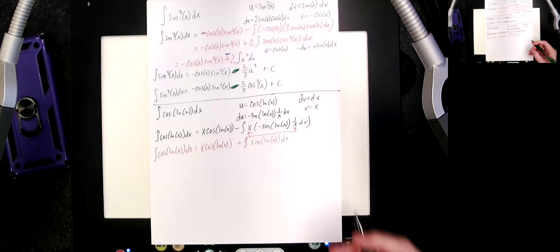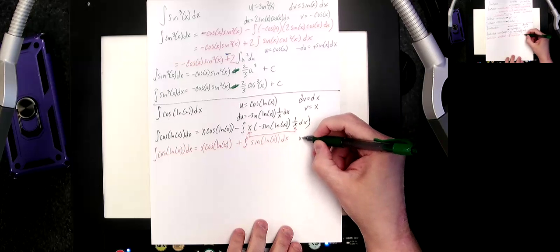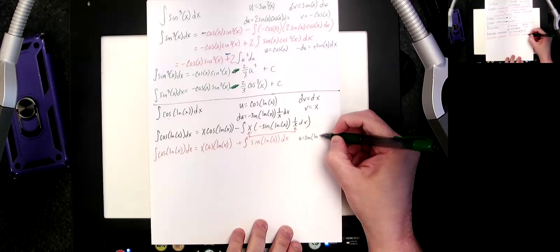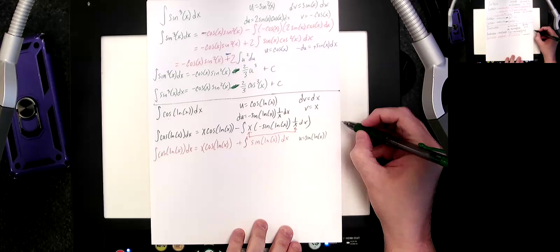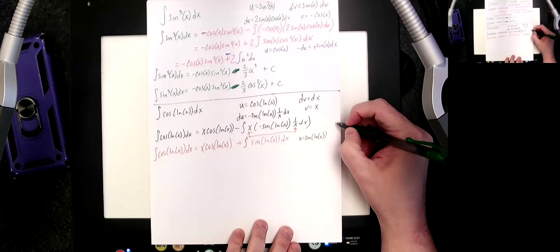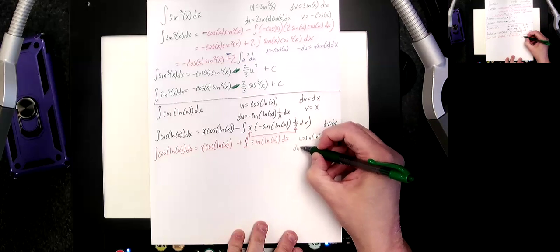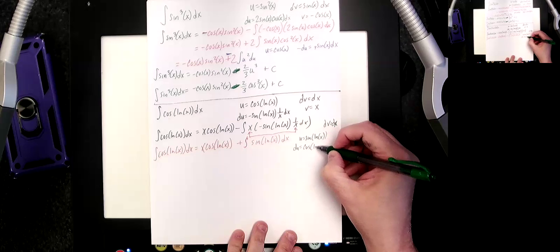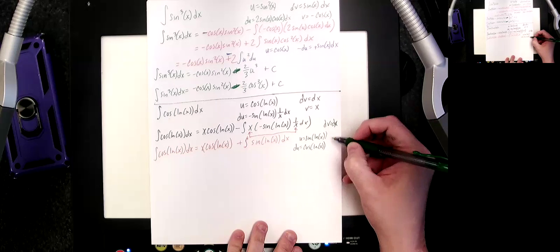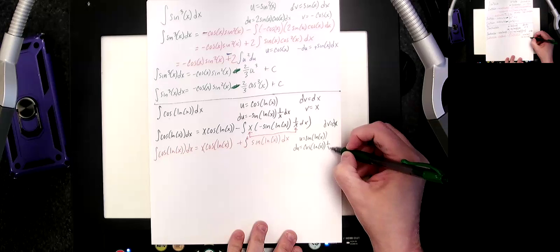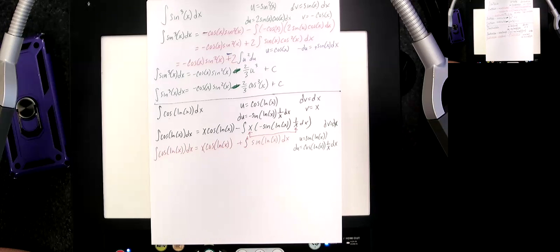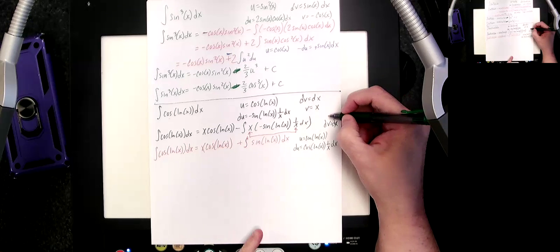And we do it again. u equals sine natural log of x, and dv will remain the same. Cosine natural log of x. The derivative of the inside is 1 over x and then a dx. And v equals x.